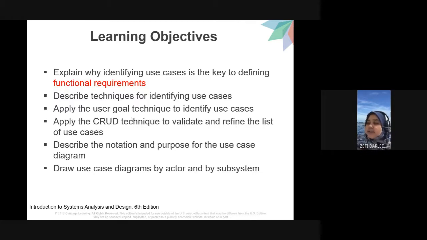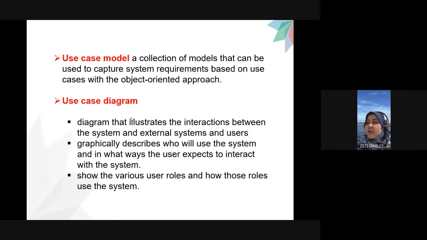Use case model is basically a collection of models that can be used to capture system requirements based on use cases with the object-oriented approach. Once you are done with the requirement and information gathering levels, you can start the process of analyzing to model your use case.